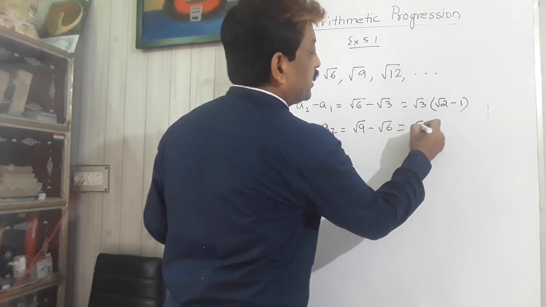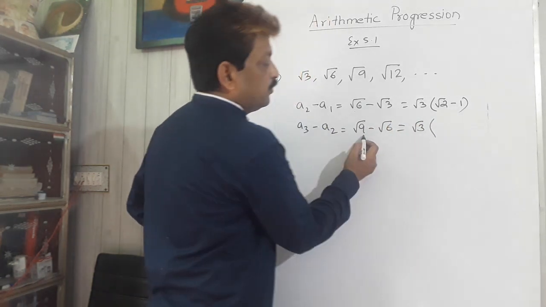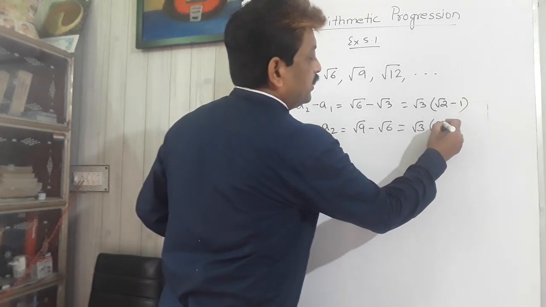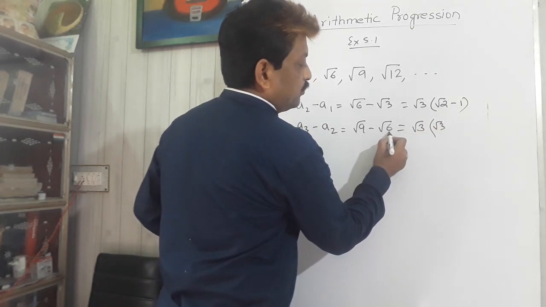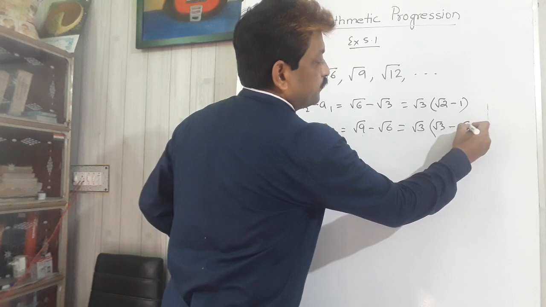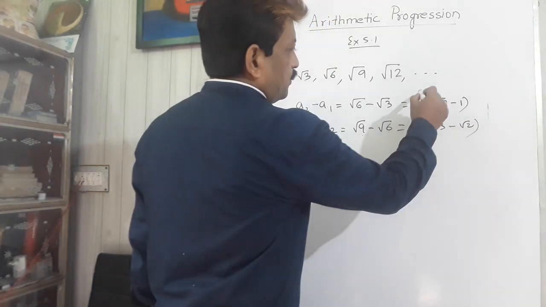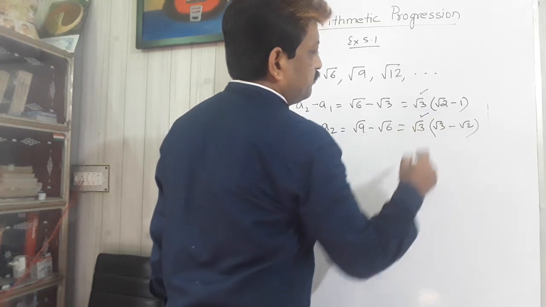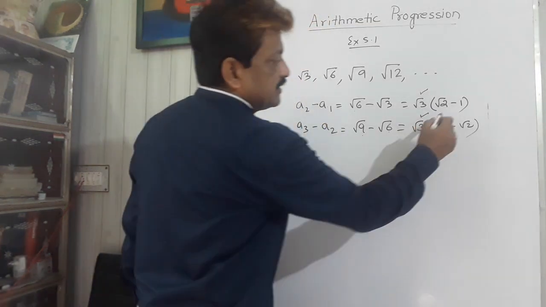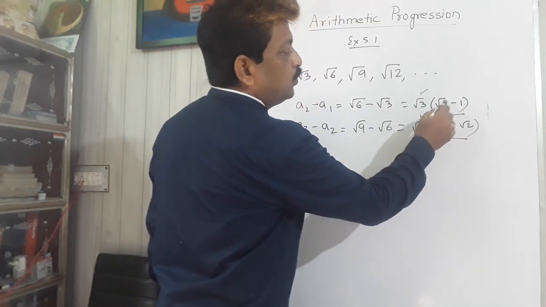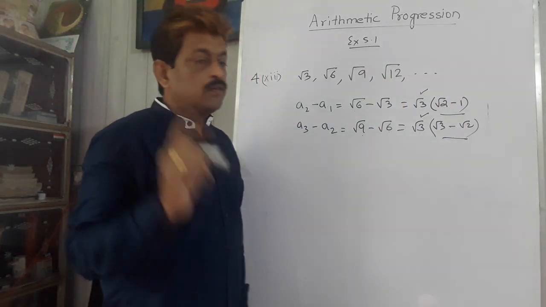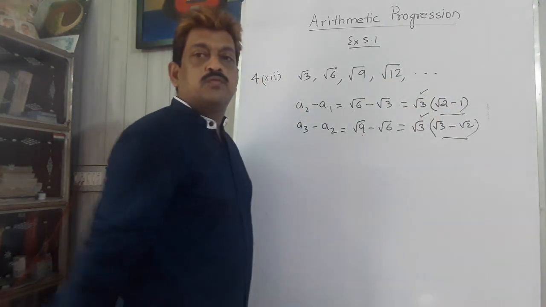Again we can take root 3 common, so it will be root 3 into root 3 minus root 2. Now check these two differences. Though the first part is matching, the second part is not matching. Root 2 minus 1 is not equal to root 3 minus root 2.